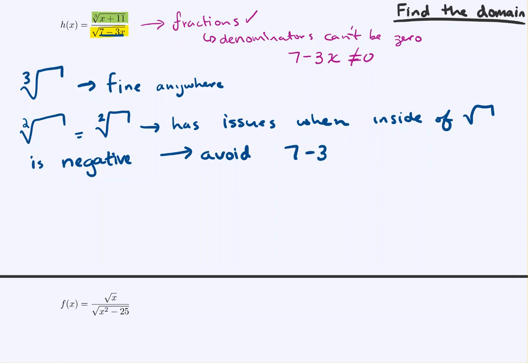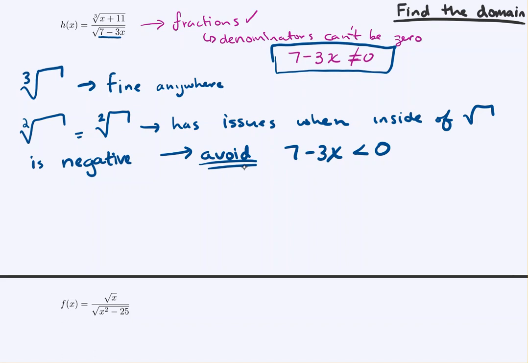7 minus 3x to be negative would be less than 0. So we already could not have 7 minus 3x equal to 0, because that would send the denominator to 0, which is an issue. You can't have 0 in the bottom of a fraction. And then additionally, since the bottom of the fraction, we saw as we looked at its form, it's a square root. Well, square roots can't have negatives on the inside, so that means the inside of the square root we need to avoid when 7 minus 3x is less than 0.